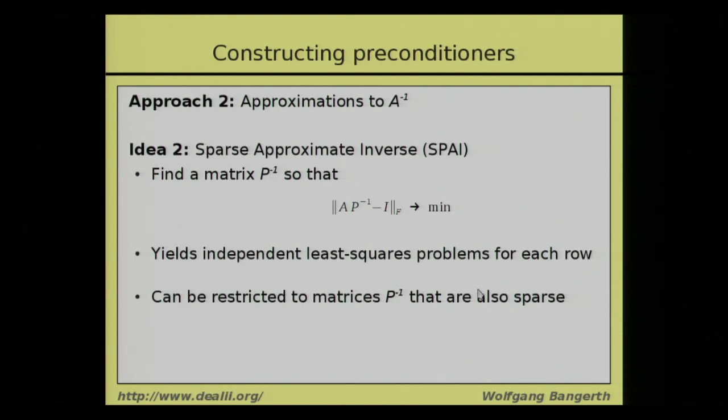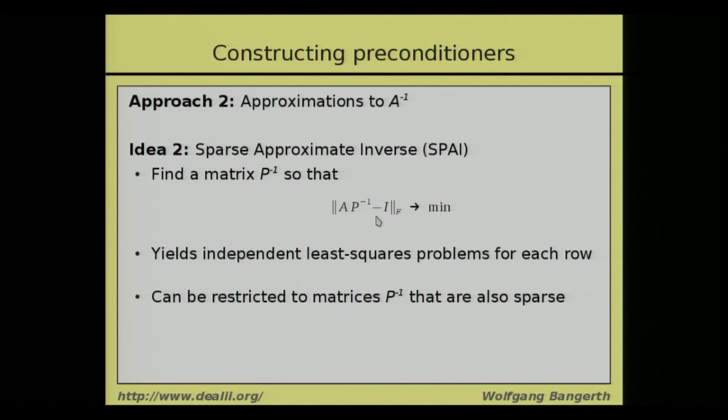I'm trying to find a matrix P^-1 so that A times P^-1 minus the identity matrix is as small as possible, right? If P^-1 were A^-1, then this term would in fact be 0. I know I can't achieve this, but I can ask for it to be as small as possible.